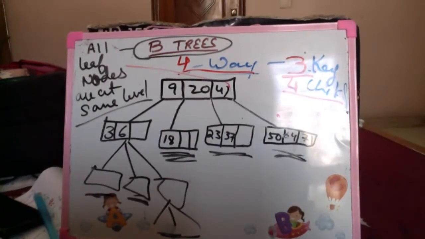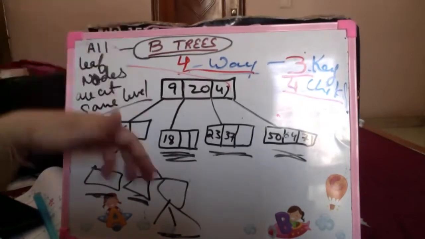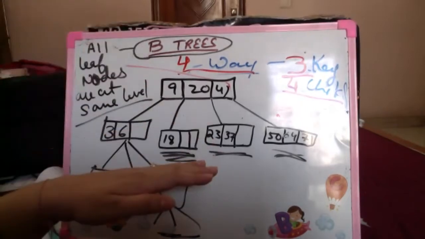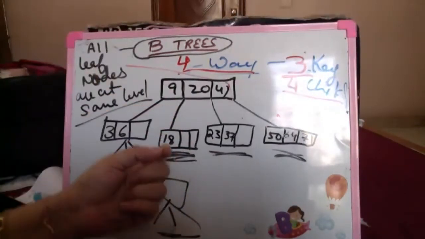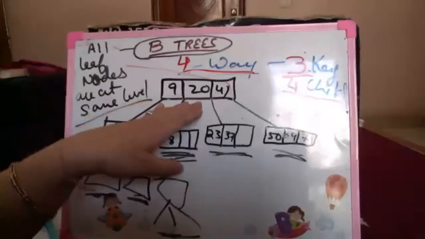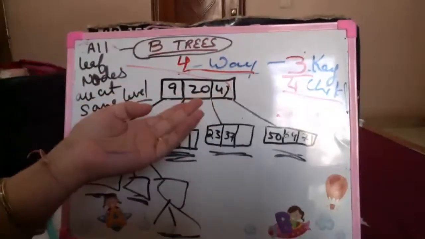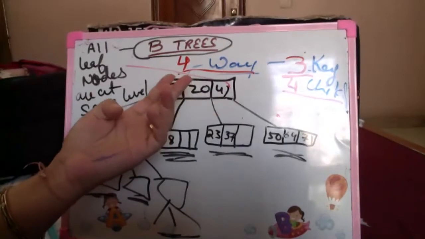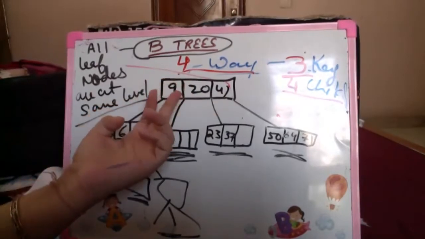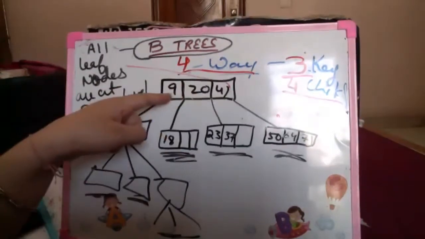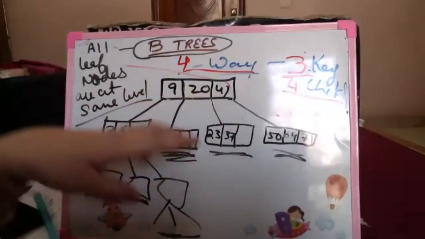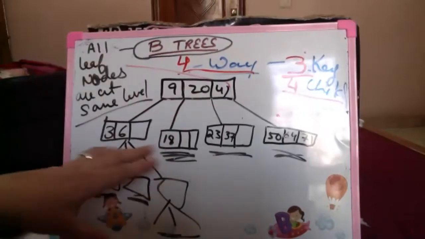Now, why B tree? Why the order? What order have we reached using B trees? If I have to search anything with a binary search procedure, the maximum number of searches is 1 at each level. You will check here, at 9, 20, 41, a maximum of 3 searches are possible. Out of these, what you are searching for is either less than 9, in between these two, or greater than 41, and accordingly at the next level you search in only one node.